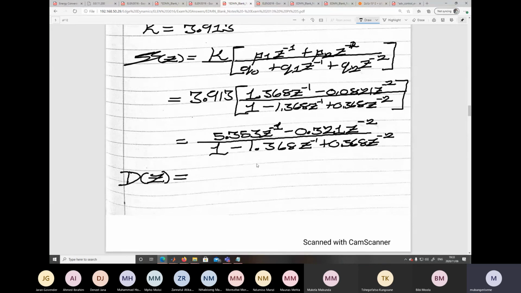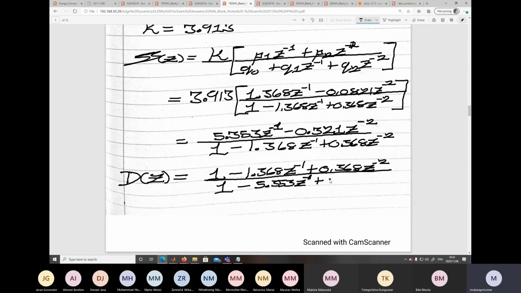So D of z will then be 1 minus 1.368 z to the minus 1 plus 0.368 z to the minus 2, all over 1 minus 5.353 z to the minus 1 plus 0.321 z squared. Okay.